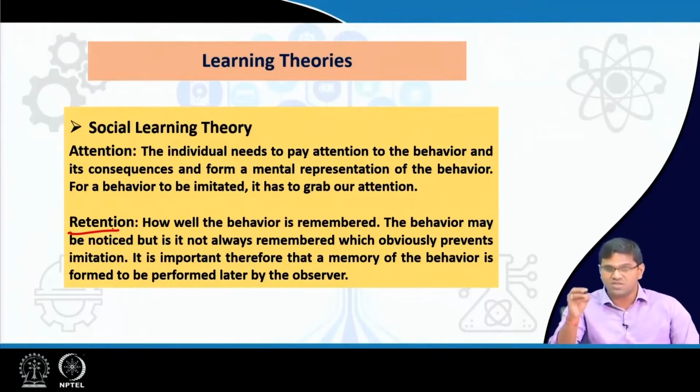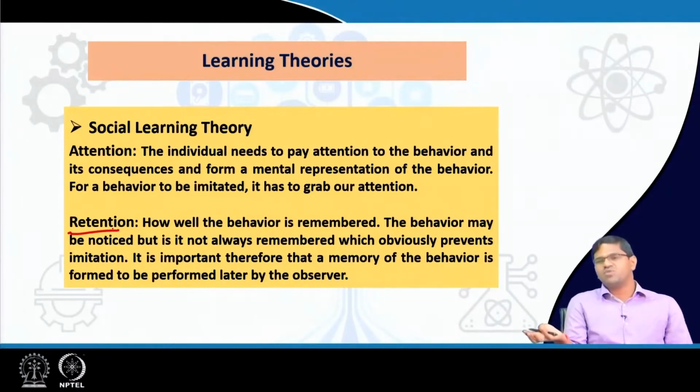You observed a certain behavior of your model, and how well you are able to remember it matters, because behavior may be noticed but is not always remembered. Now it is very important. If you just see and don't remember those behaviors, then you cannot repeat them in a workplace. So that's the second stage of the social learning theory, which talks about retaining the information you observed.